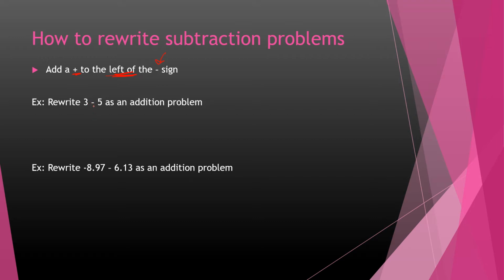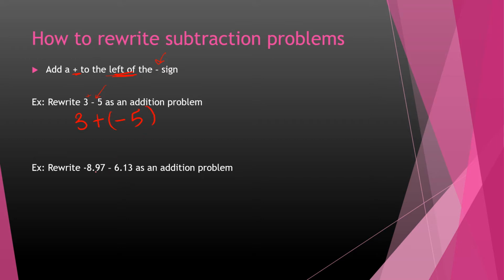So here's my subtraction sign, right? I'm going to put my plus sign to the left of it. So right after this 3 and right before this minus sign. So right in between here. Everything else is going to stay the same. So I'm going to have 3 plus 8 minus 5.